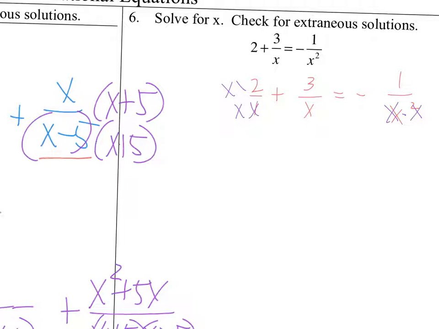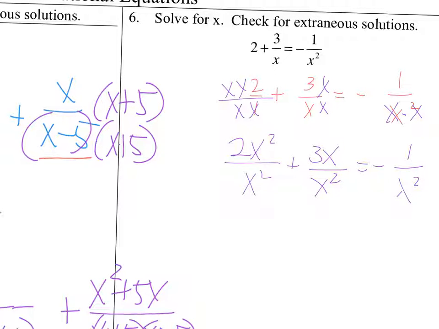We need 2 x's at the beginning. We need an additional x in the middle, and at the end we already got both, so we're okay. So 2x squared over x squared plus 3x over x squared is equal to negative 1 over x squared. In other words, by the way, domain x cannot be 0.